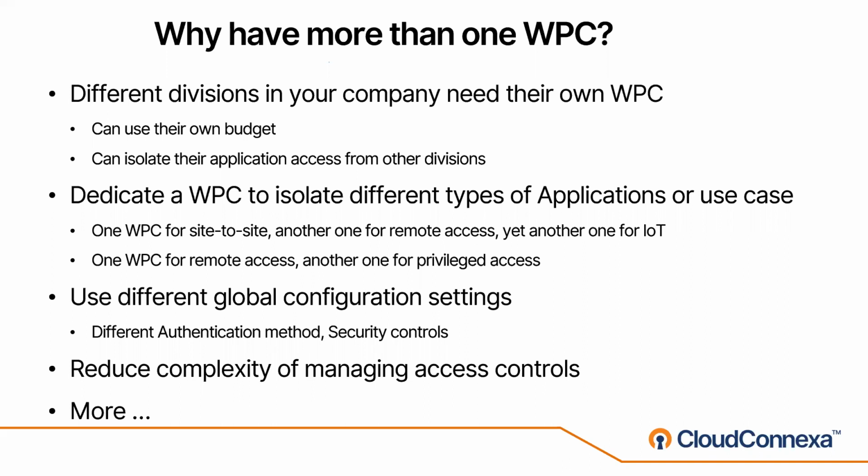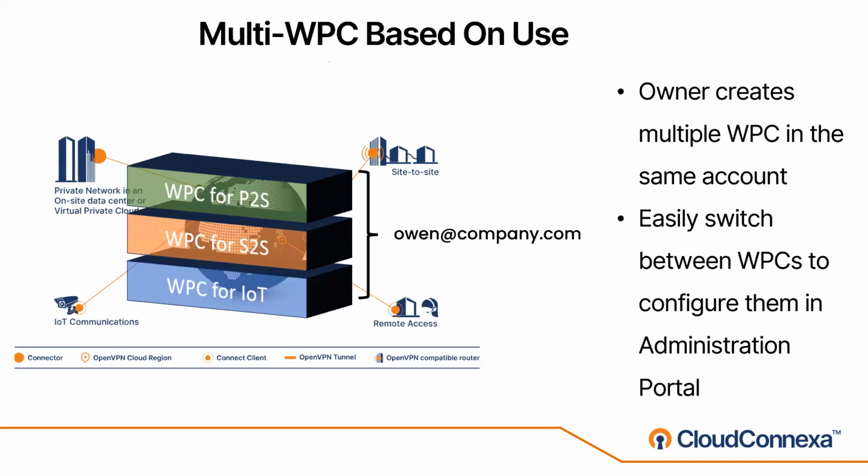So at that time, you can again separate the WPCs for each use, for each department, whatever, and keep the number of access controls segregated like that. And of course, you can think of many more reasons now that I've given a few examples.